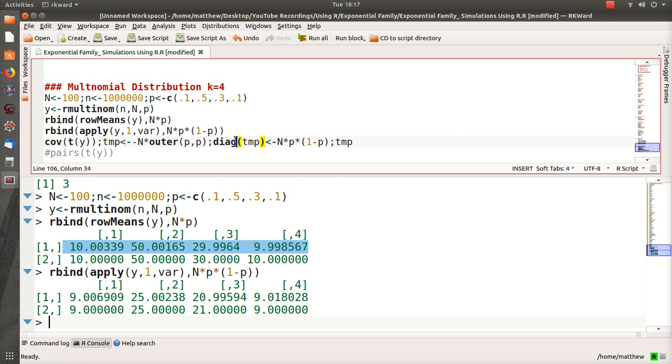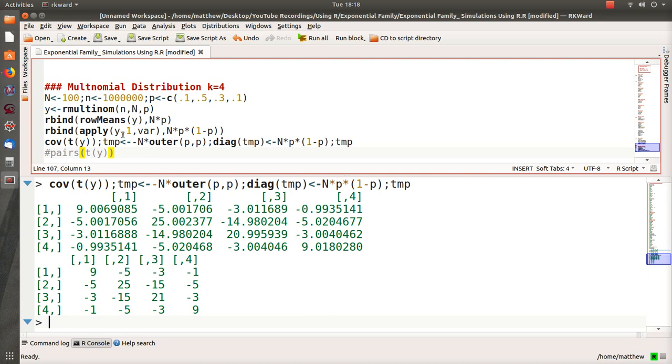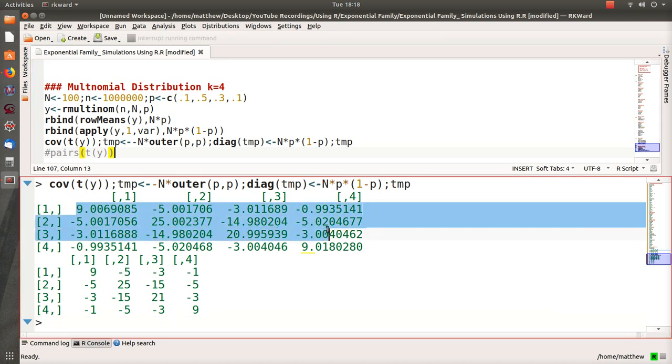Now the covariance, the theoretical formula is N times Pi times Pk, and that's what we get here. So the simulated results are here.